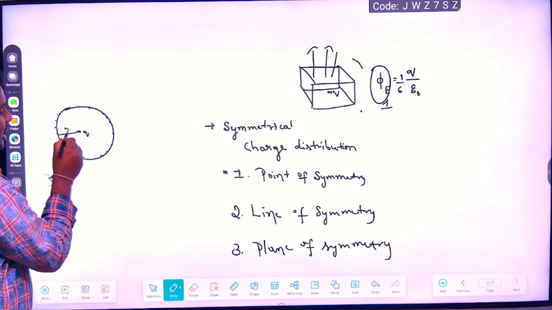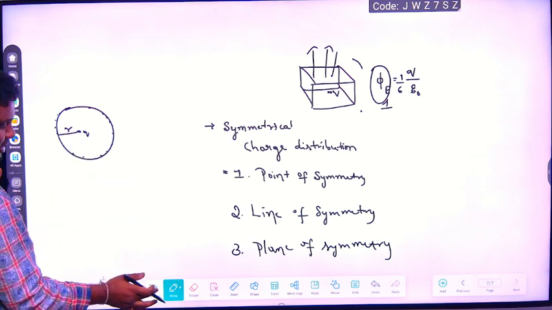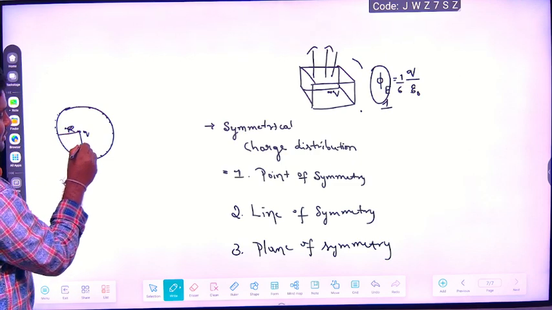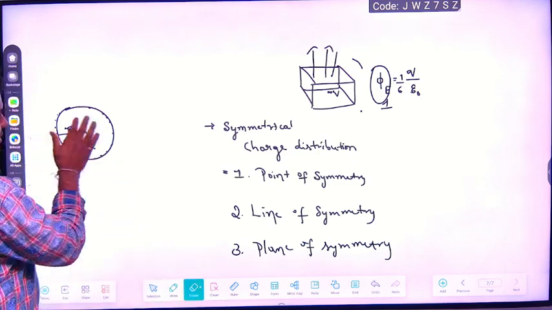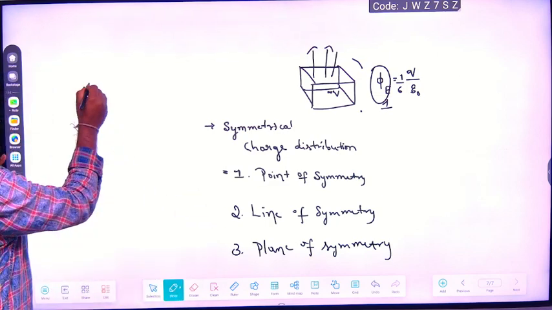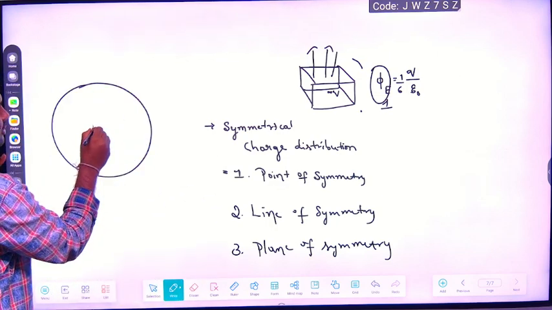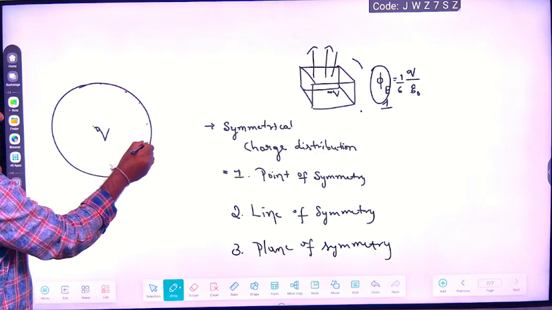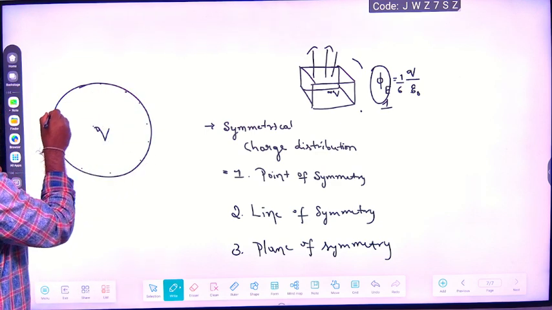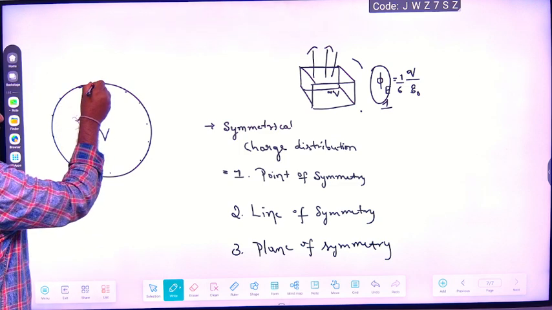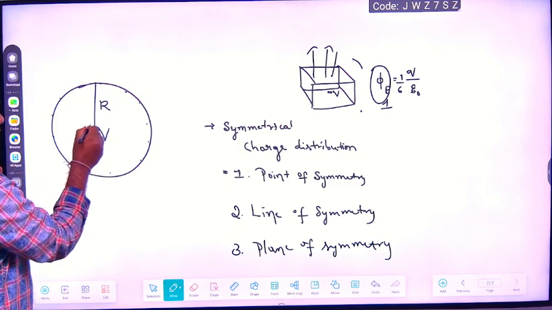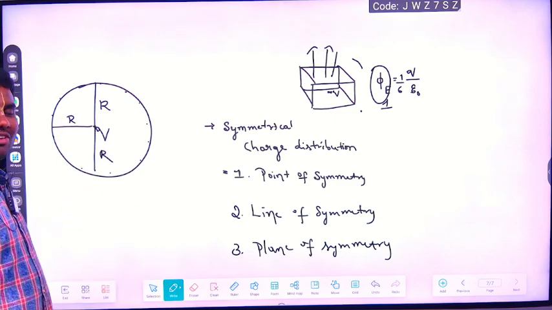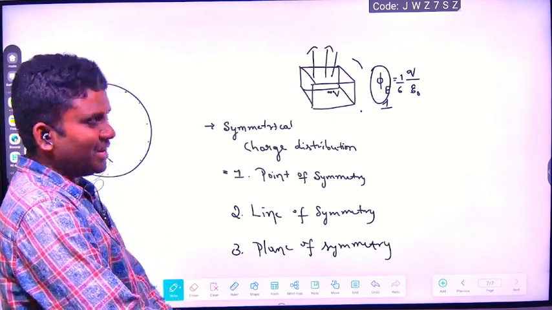It is R, or you take capital R. It is at equal distance. If you take a spherical body with one charge at the center, each point on its surface is at equal distance. That's what we call spherical symmetry.